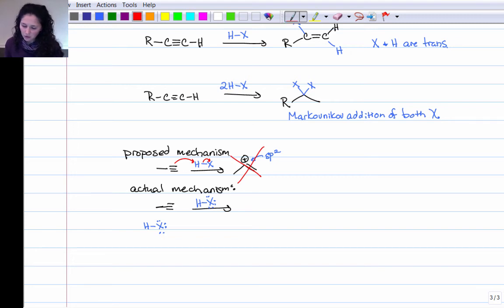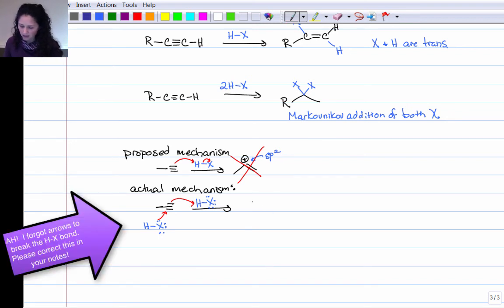As your triple bond attacks the hydrogen of one equivalent of HX, the halogen of another equivalent is attacking the more substituted carbon from the opposite face. And so in this one concerted step, you get the trans addition of H and X.